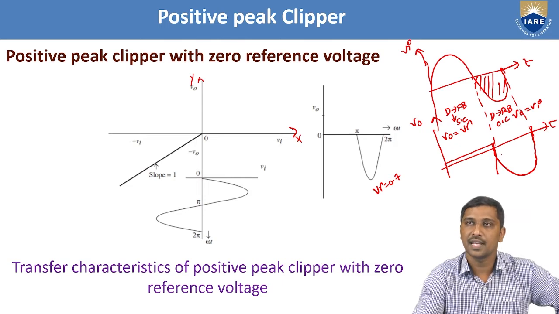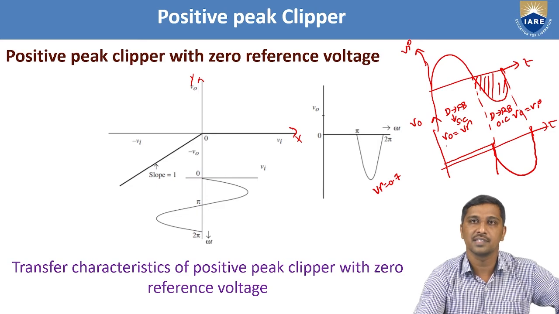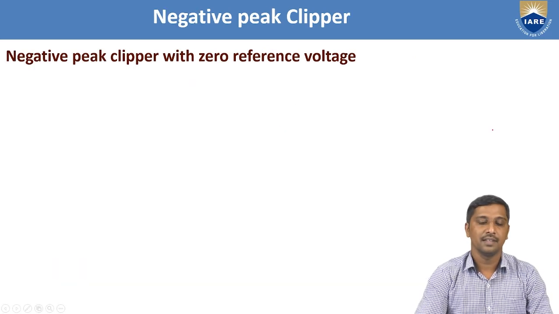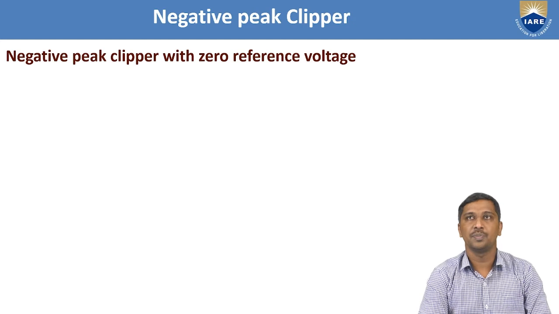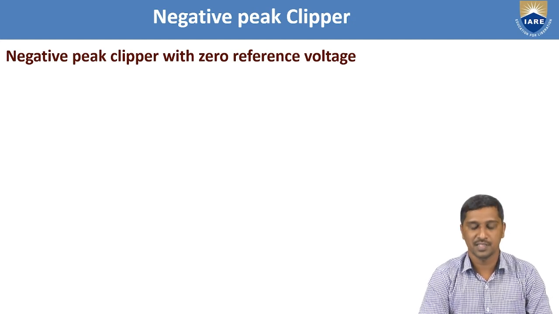It removes the positive portion of the given input signal and allows the negative portion. That is the reason this clipper circuit acts as a positive peak clipper with a 0 reference voltage. Similarly, now we are going to observe a negative peak clipper with a 0 reference voltage.